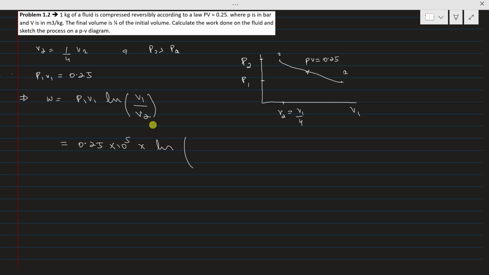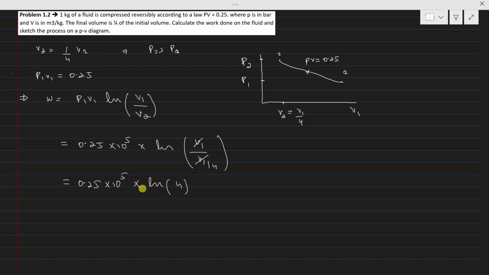Then ln V1 over V2. V2 is 1/4 of V1, so I can write V1 by 4. So this V1 will cancel out. So 1/4 shifts from denominator to numerator. It's simple maths rules. So 0.25 multiplied by 10 to the power 5 multiplied by ln 4.